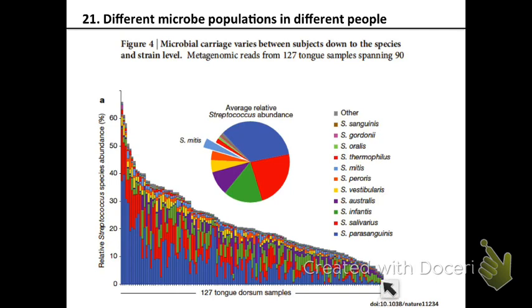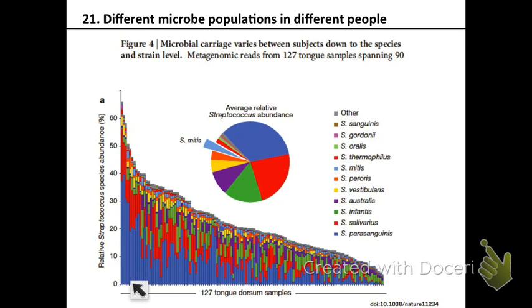And the distribution of the different strep species within the sample is different from this. So essentially, this is summarizing the fact that if I went around here and took tongue samples from all of you, your samples would be very, very different. Some of you will have certain bacteria a lot more. Some of you will have certain bacteria a lot less. And the species within each group of bacteria, the distribution is also going to vary. Okay?